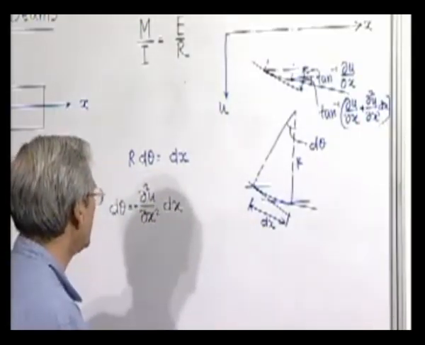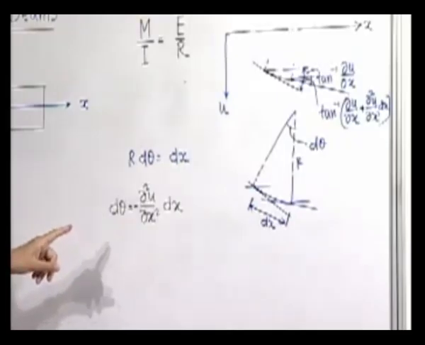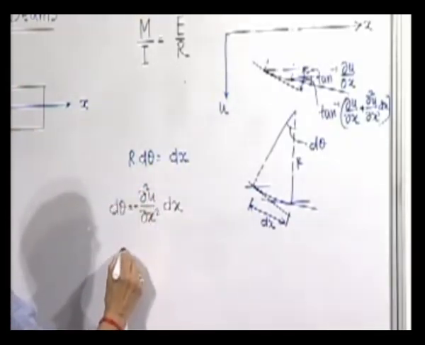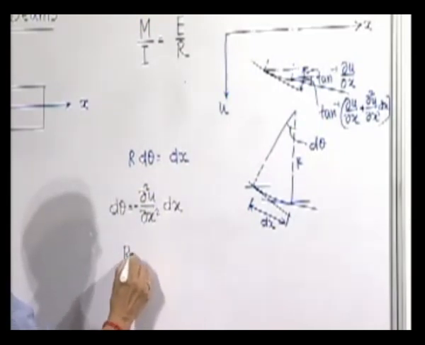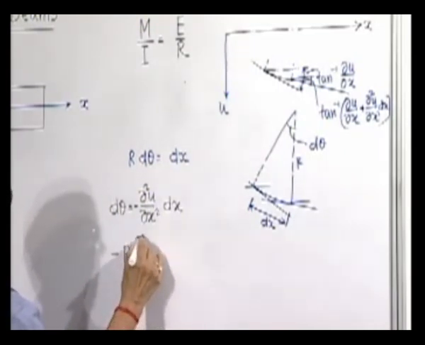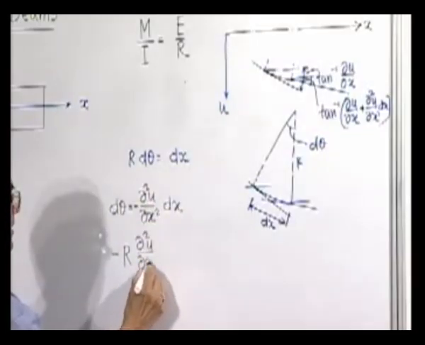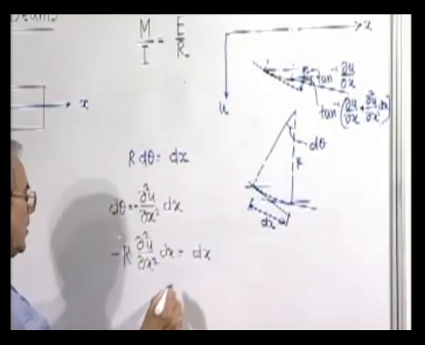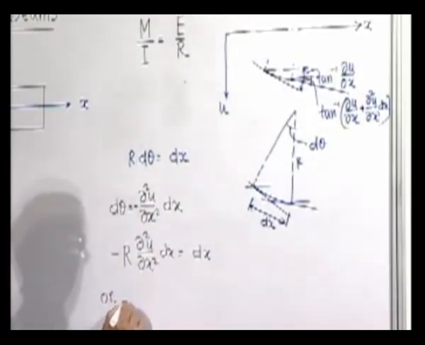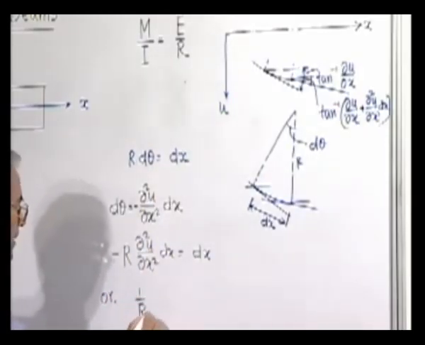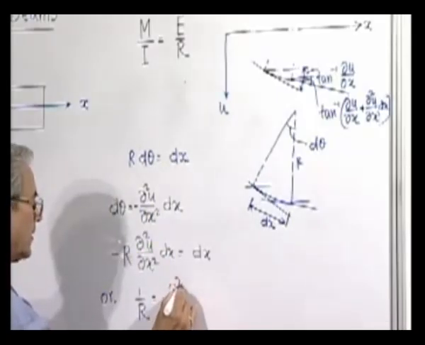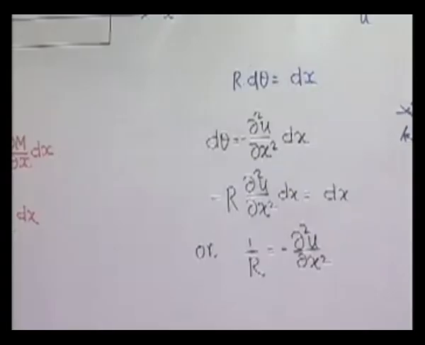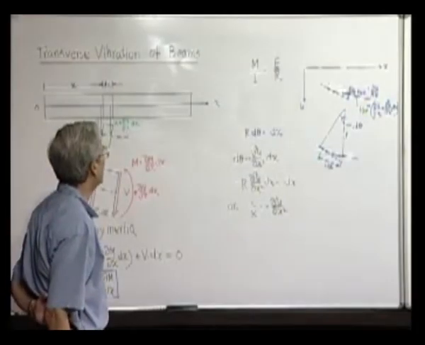Even that you have to keep in mind, and finally we have to keep that there. So therefore we will get r ∂²u/∂x² dx equal to d theta, or 1/r equal to minus ∂²u/∂x².